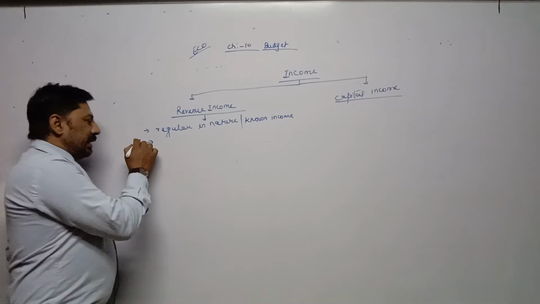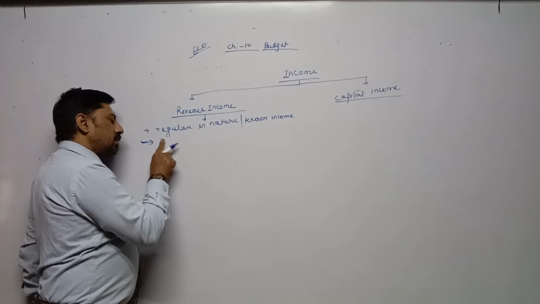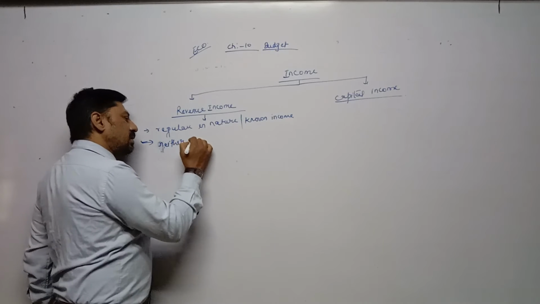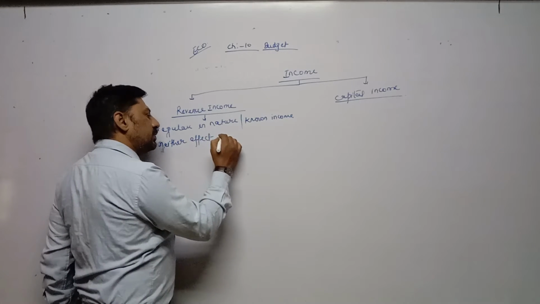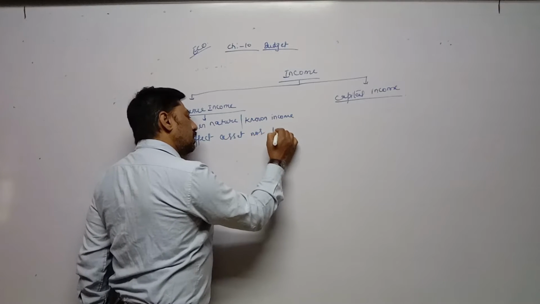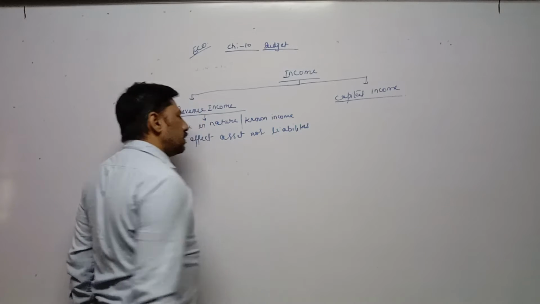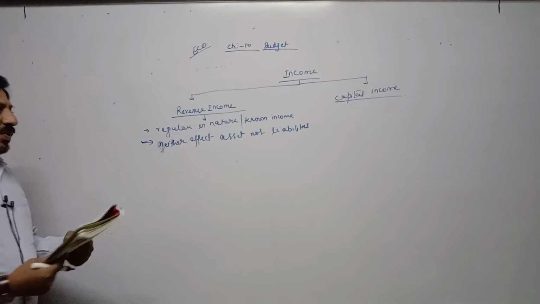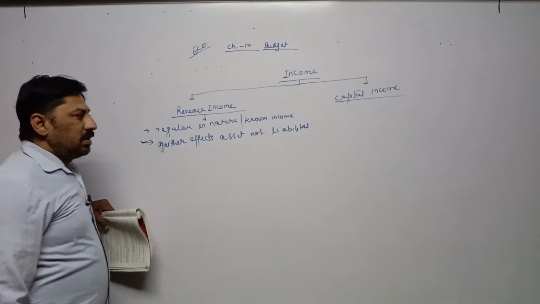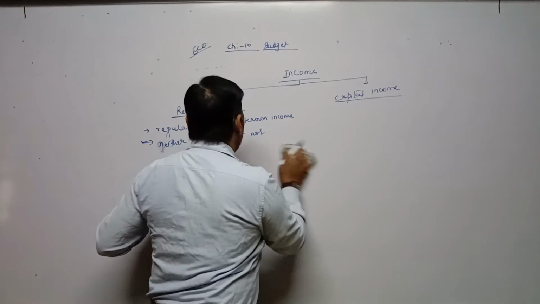And technically, such income neither affects assets nor liabilities. Income which neither affects assets nor affects liabilities is called revenue income.